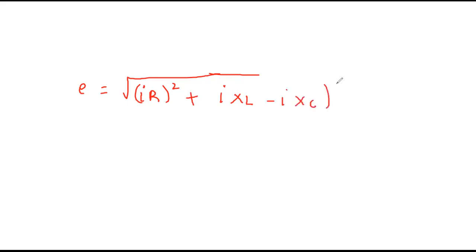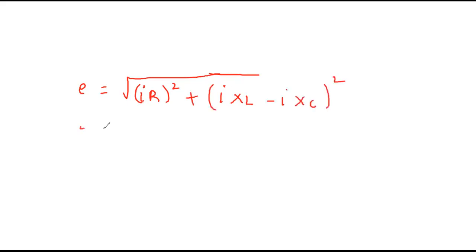You can say E equals root of ER square, which is (IR) whole square, plus (I XL minus I XC) whole square.